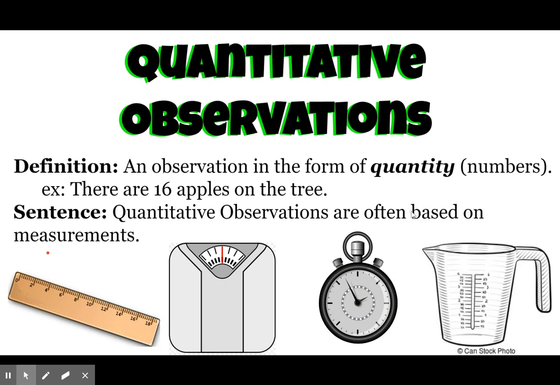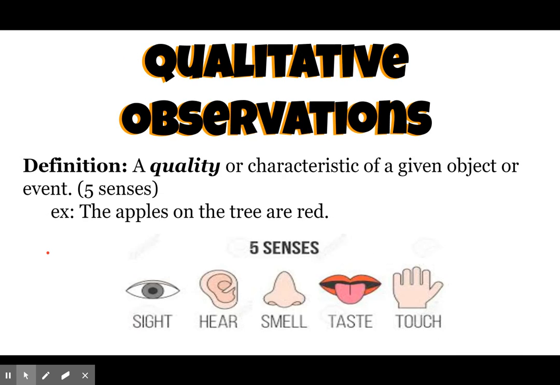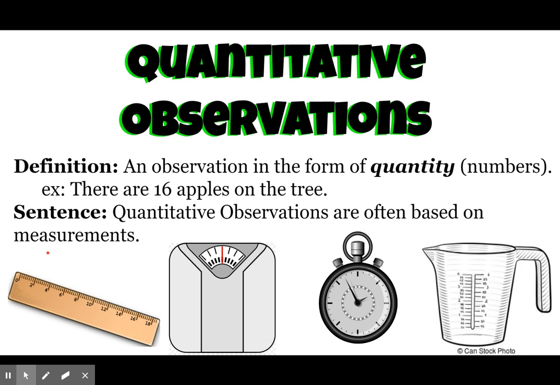All right, so now let's talk about quantitative observations. This is the second type of observation we're going to talk about. So the definition is an observation in the form of quantity. So you can think numbers. So an example, if we looked back at that tree, there are 16 apples on the tree. So that involves a quantity, so numbers.